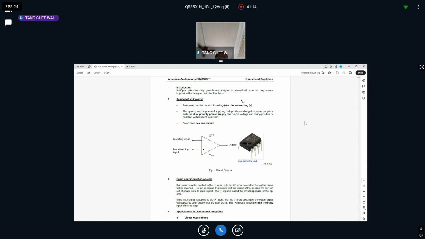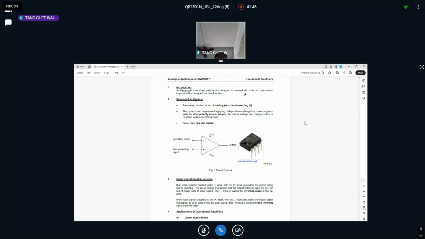Op-amp, the short form, actually stands for operational amplifier. It's very common when people say op-amp, but again, I refer to operational amplifier. The name itself tells you something about this device. Amplifier means you improve or increase the signal strength, for example, a small input and then the output is much larger.